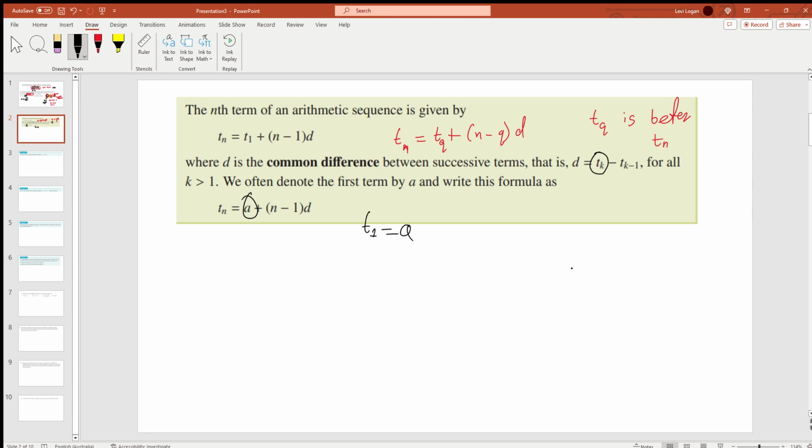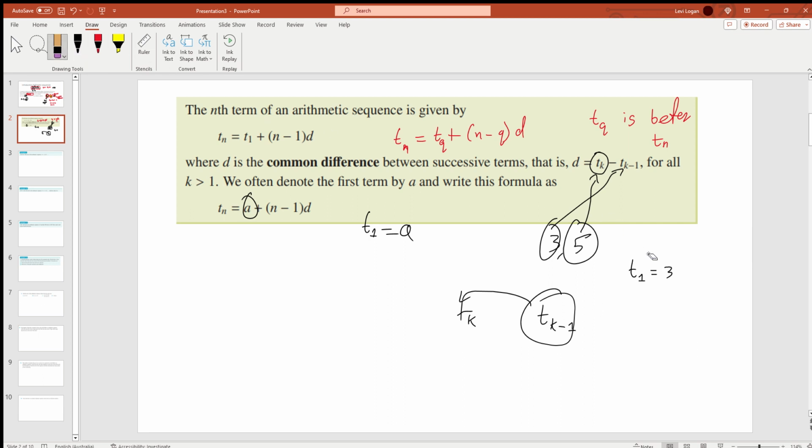let's say we had this arithmetic sequence where we had 3 and 5. It's increasing by 2. This is your term here, and this is your term here, because T of k is the term after T of k minus 1. In other words, this term is before this one successively. So for example, T of 1 is 3.